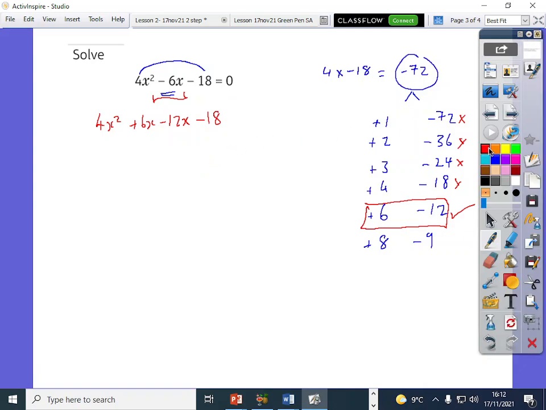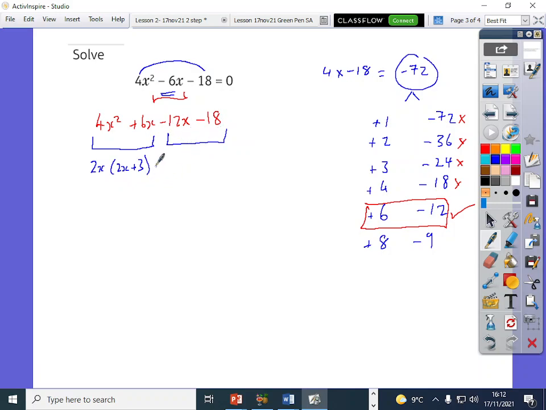What I'd like to do now is use a different color, just to point this out. Now when I'm solving this, I can factorize these two terms and these two terms. What's common in these two terms is a 2x, so I'll take that out. 2x times 2x is going to give me 4x squared, and 2x times 3 will give me 6x.